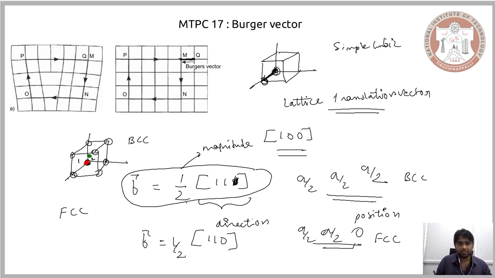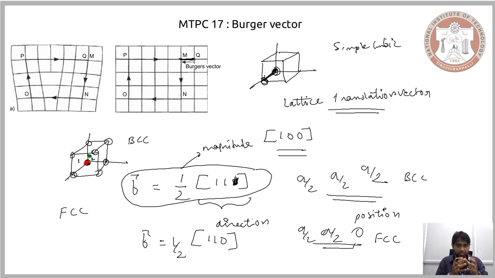Now if you want to calculate exclusively the magnitude of the Burgers vector, the amount of distortion brought about by the Burgers vector, we can do it by considering the individual change in the position of the atom along with the direction. The individual change in the position of the atoms is A by 2, A by 2 and A by 2 in case of the BCC crystal structure, and the interatomic distance is between the corner and the body centered atom.